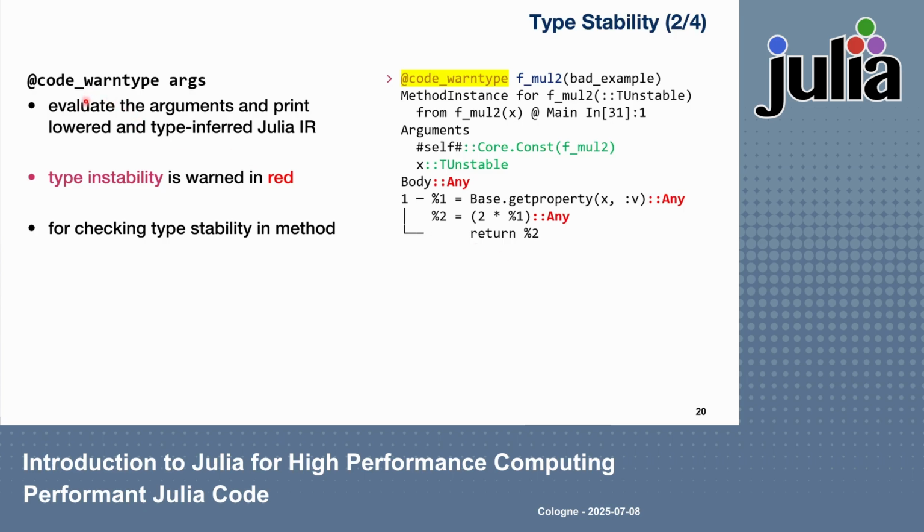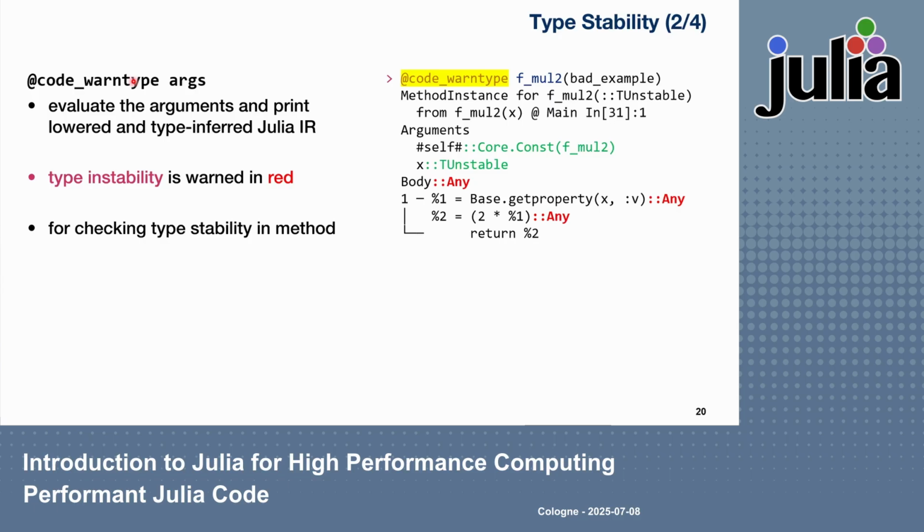So if we are using Julia to develop the code, there is a very nice macro that you can use called @code_warntype. This macro will highlight the problematic part in your code in red, as you can see.